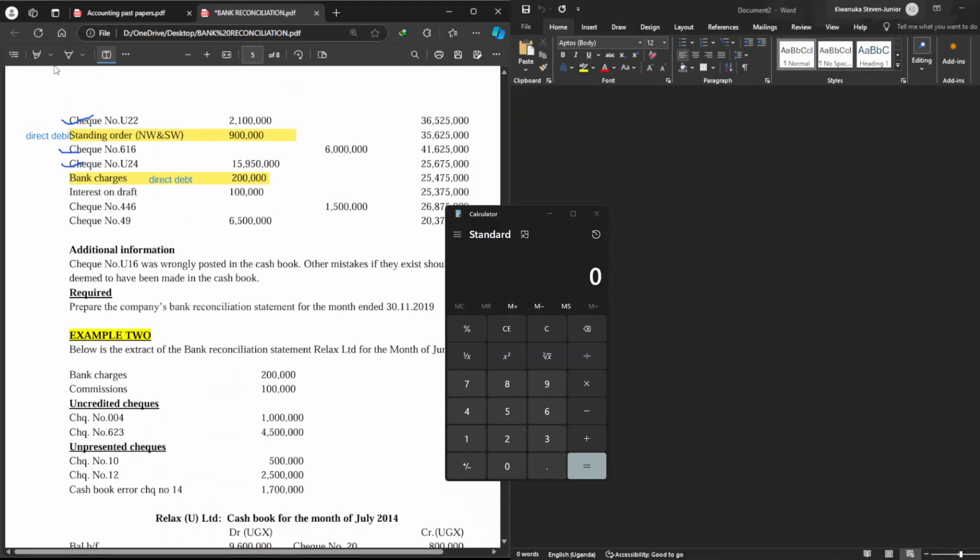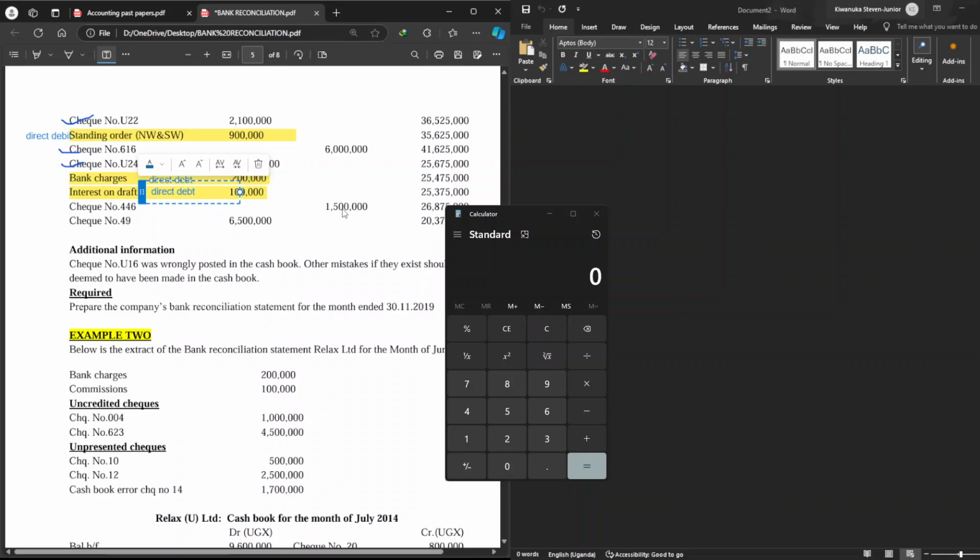That means this money was removed directly. It's like acting like a standing order. This interest on draft also direct debit. So we have here check number 446.